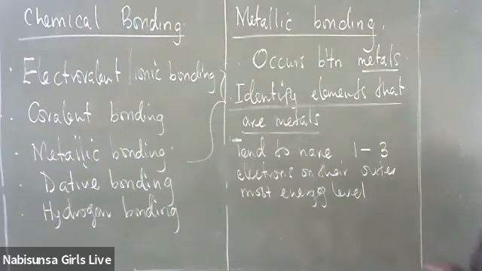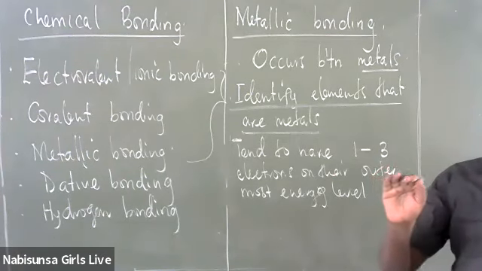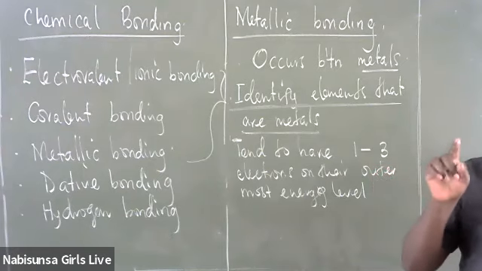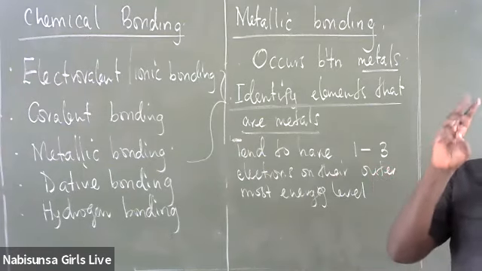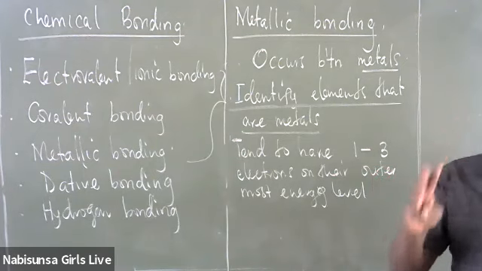So after writing the electron configuration of a particular element, what are you going to do? Always look at the last level that you fill. If it has electrons that are either 1, 2, or 3, in most cases that element is meant to be a metal.